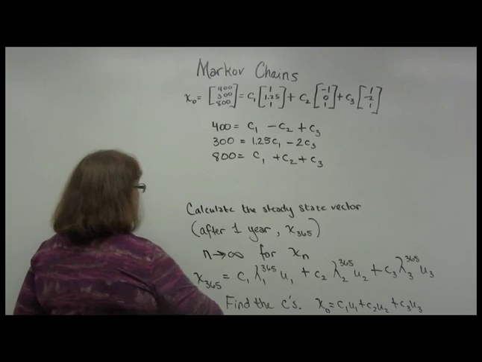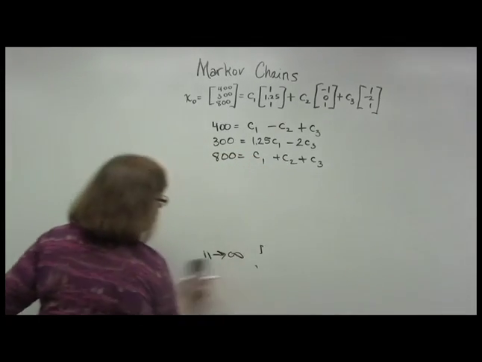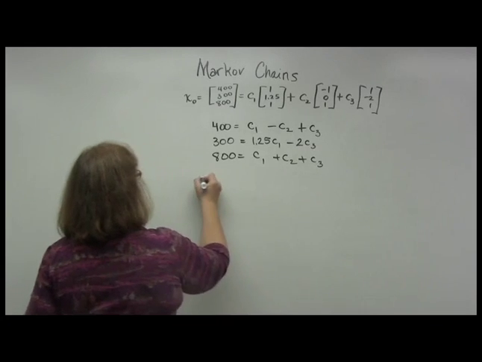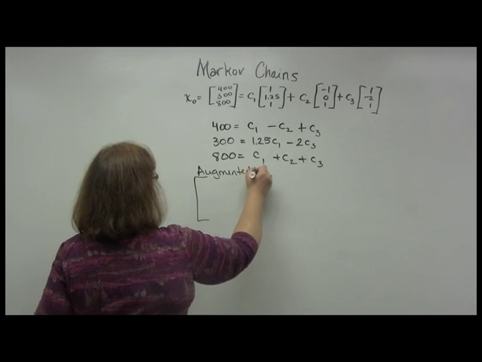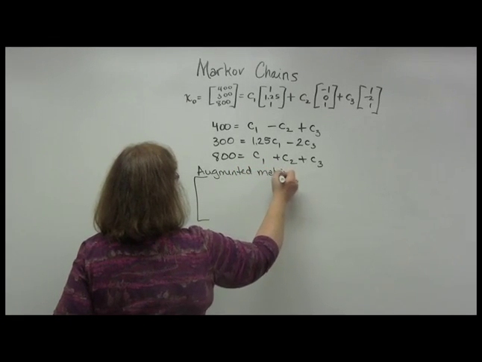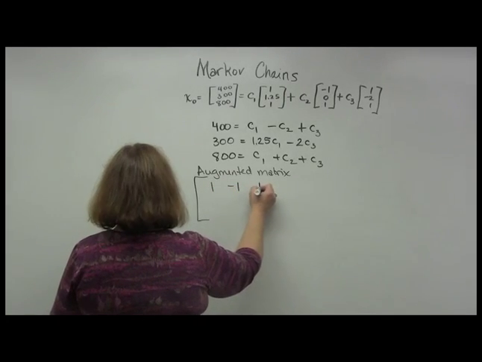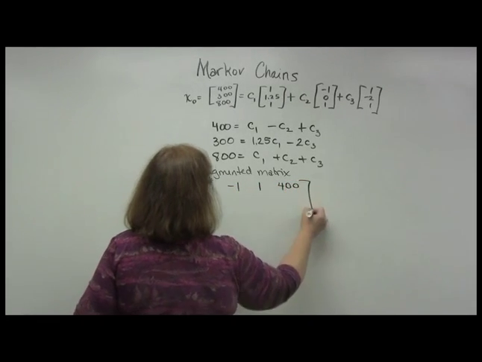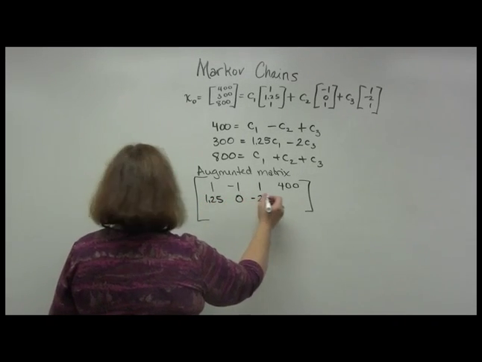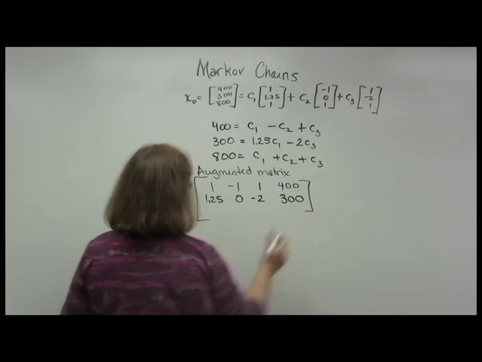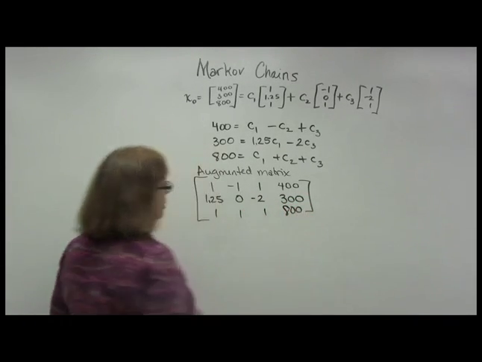Okay, that's going to give me an augmented matrix, if you're so inclined, of 1, negative 1, 1, 400 in the first row, 1.25, 0, negative 2, 300 in the second row, and then 1, 1, 1, 800 in the third row.